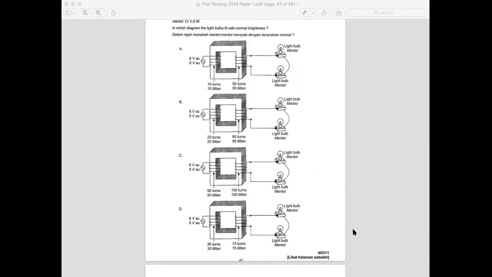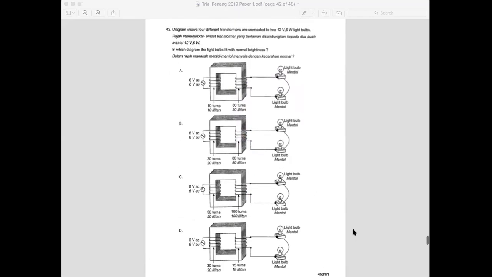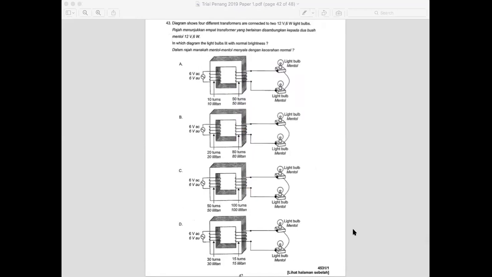Which lamp is lit with normal brightness? Normal brightness means each lamp must get 12 volt, 6 watt. First you have to find Vs for each.